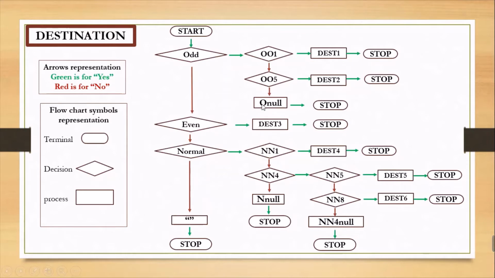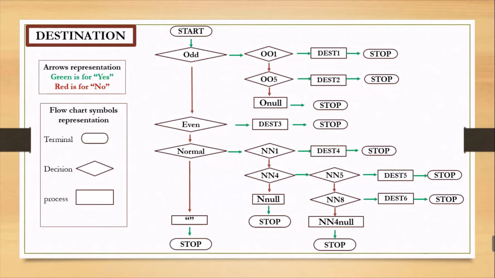Here you can see that the default values have been changed. We have 0 null, n null, nn4 null, and we have blank, which is the general default value if none of these route types were chosen. You will understand all this better by the time I start explaining.